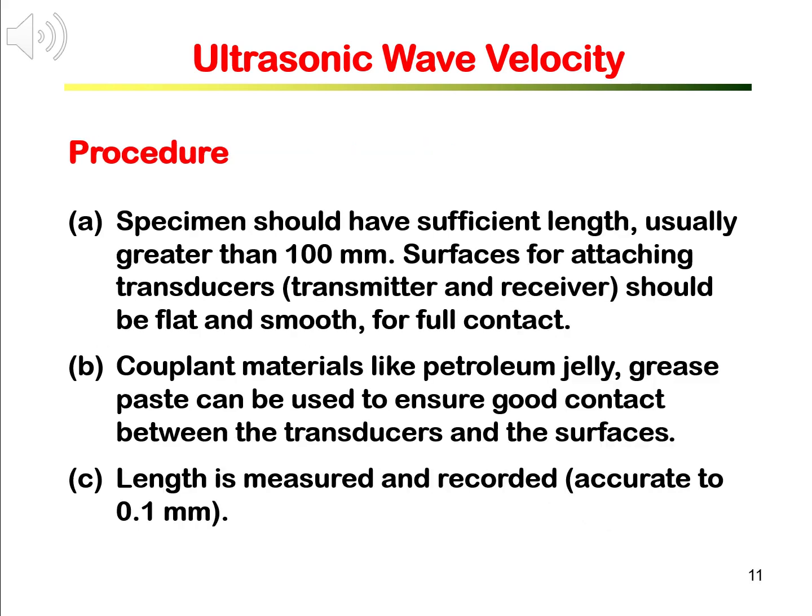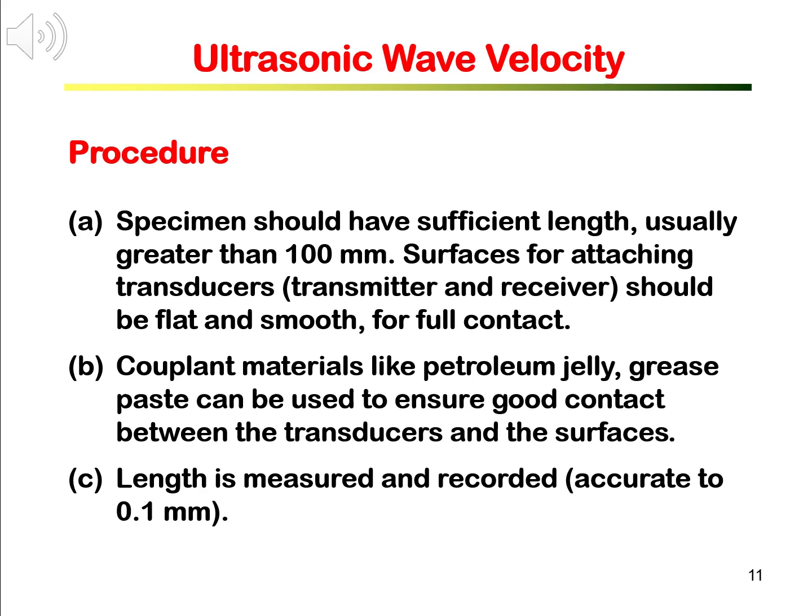Let us go through the procedure of taking measurements using the ultrasonic velocity tester. First, we need to have a specimen with sufficient length, usually a long cylinder with length greater than 100 mm.